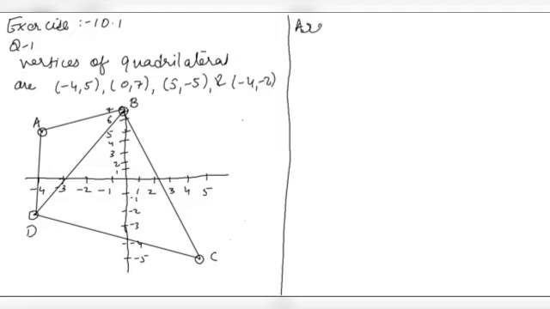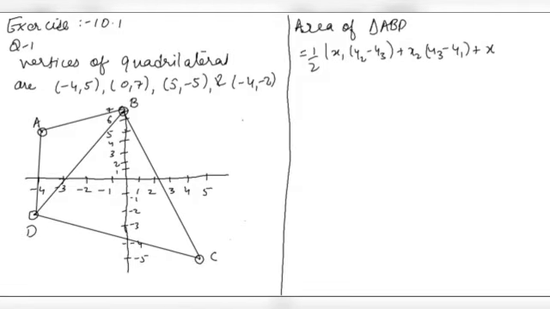So area of triangle ABD is half mod x1 (y2 minus y3) plus x2 (y3 minus y1) plus x3 (y1 minus y2). This is your formula.